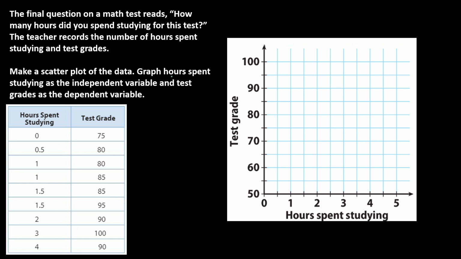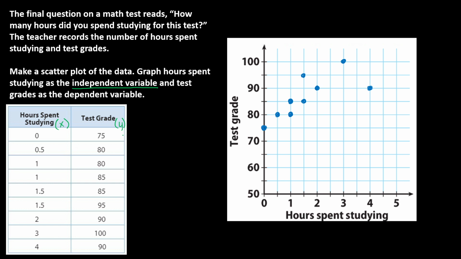It says to graph hours spent studying as the independent variable or the input. So hours spent studying is x, and the test grades are the dependent variable or output, which we use as y. So I'm going to go ahead and plot those points, and you see them here.